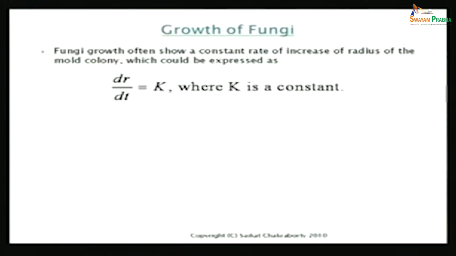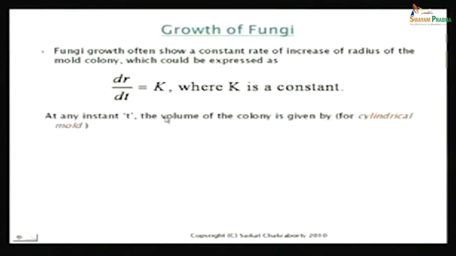Okay, and then there is a gradient within it, and we'll look at the gradient and what happens and so on. So if you have dr/dt, which is the rate of increase of the radius with time, that equals k, a constant, at any instant t. k is a constant here, because that's what happens in fungal growth.